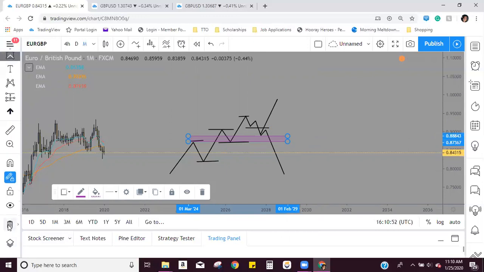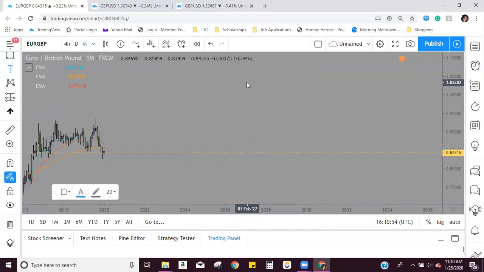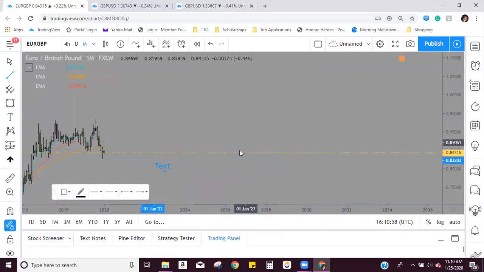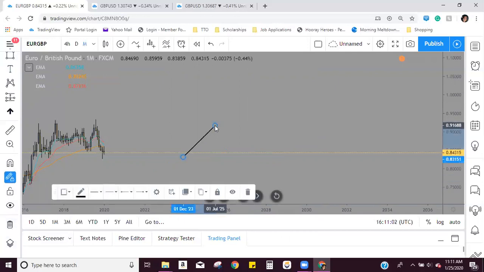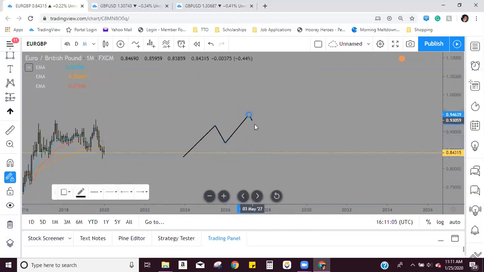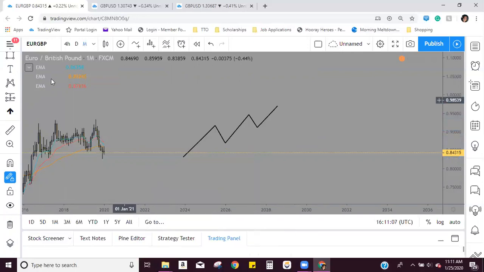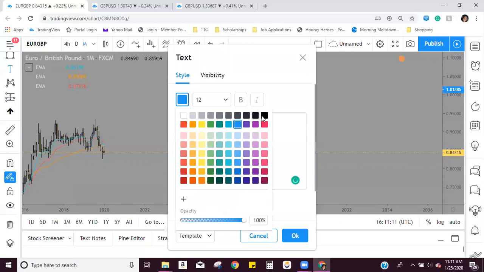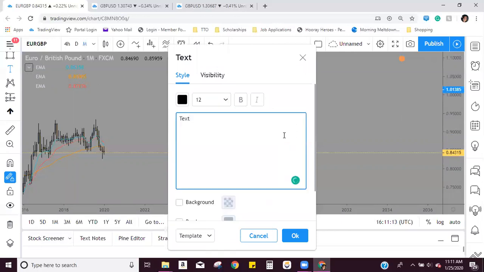So most people are taught that an uptrend looks like this. That this is how a typical uptrend looks. Higher highs, higher lows, higher highs, higher lows, higher highs. That is how most people are taught that an uptrend is.